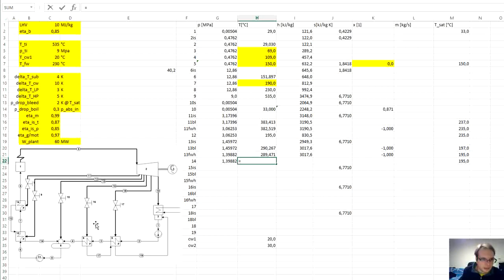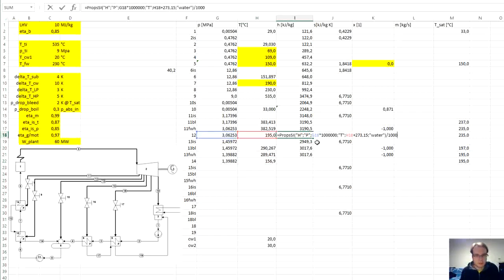That means it will be temperature at point number 6 plus minimum temperature difference. And from pressure and temperature we can again obtain our enthalpy.